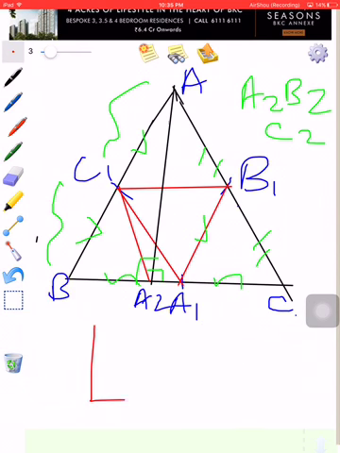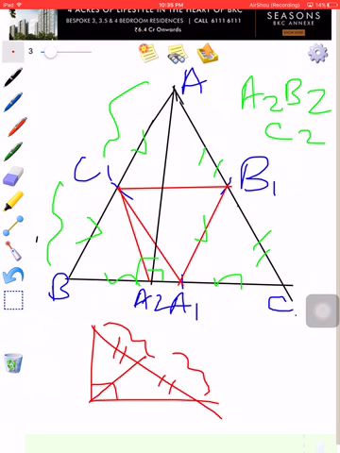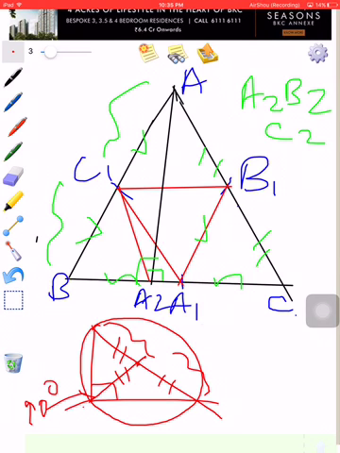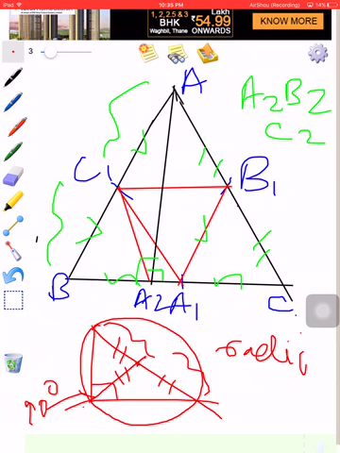That is, if you have a right angle triangle and this is your median, then this length is equal to this length is equal to this length. It comes very simple. You consider the circumcircle, and you can see this is actually the center because this angle is 90 degrees. So this is the center, hence all these radii are congruent.